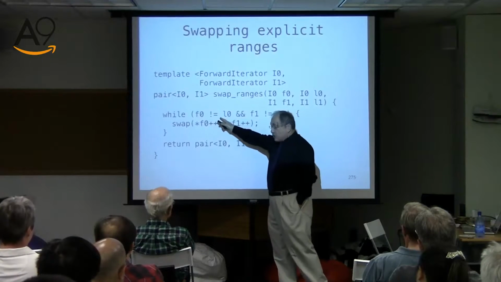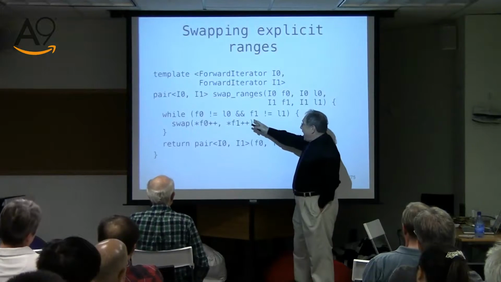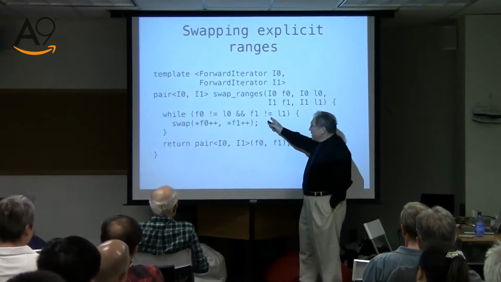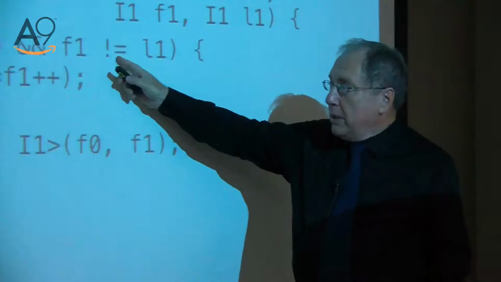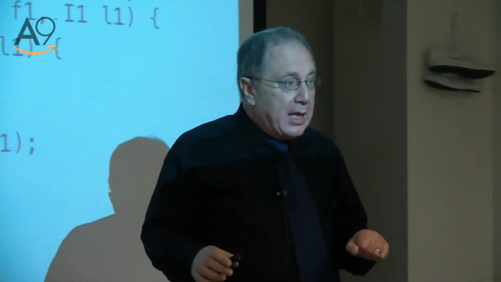The first condition says the first range is not empty, and the second range is not empty. Then keep swapping and reducing the ranges. All right? So it will stop when we will exhaust the smaller range.